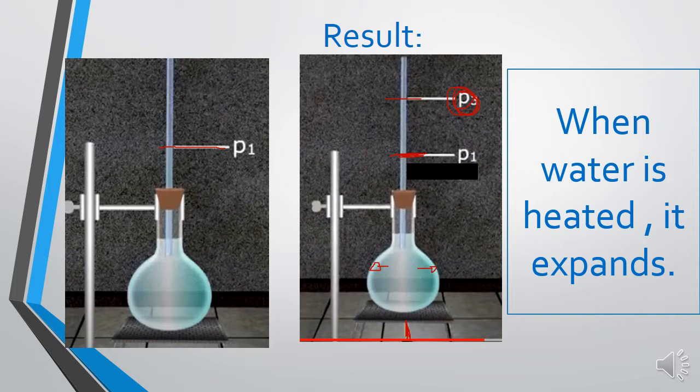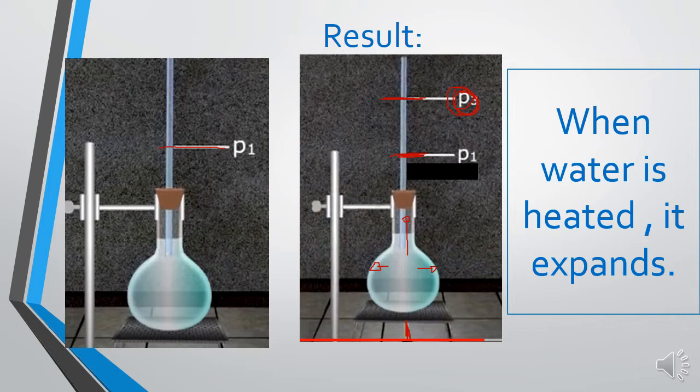There is glass, so the water can only go up when it needs more space, in order to give us this level. So when water is heated, it expands. Expands means takes more space.